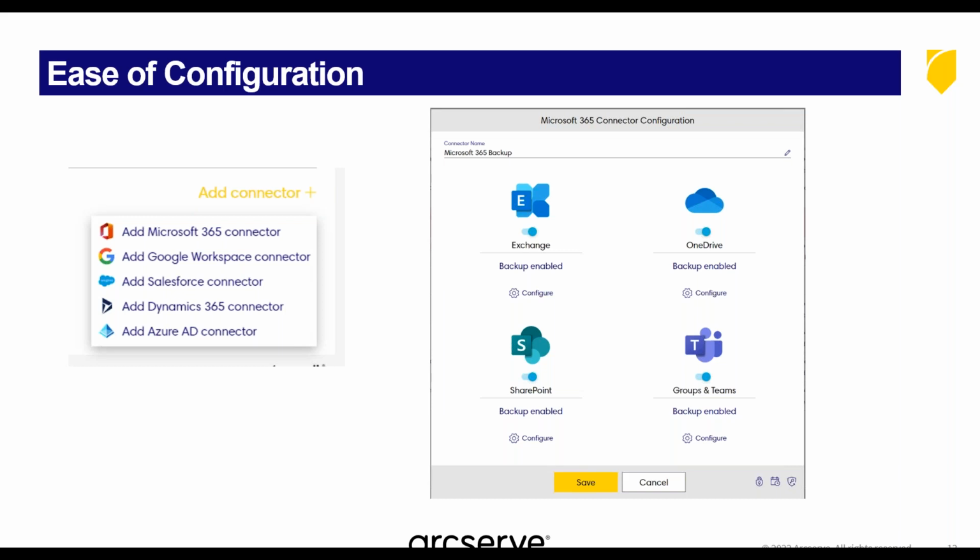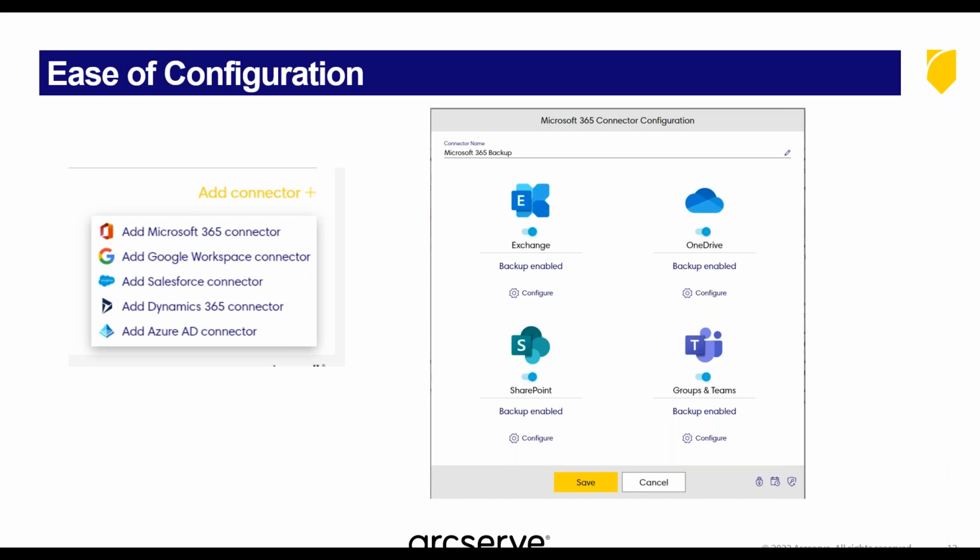So by default, once you have the authentication information provided, all the components are backed up. You just save it and it will automatically back up every 12 hours. Of course, you can choose to create a separate connector job for the same site. Like the example I mentioned with M365, I can just disable my OneDrive, my SharePoint, my Teams for one of the connector backups.